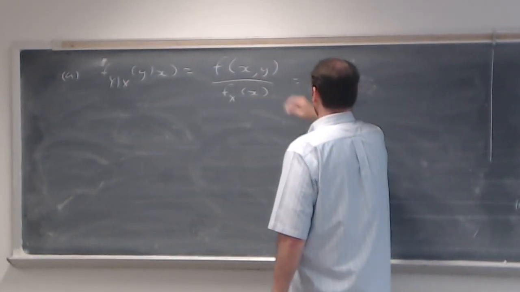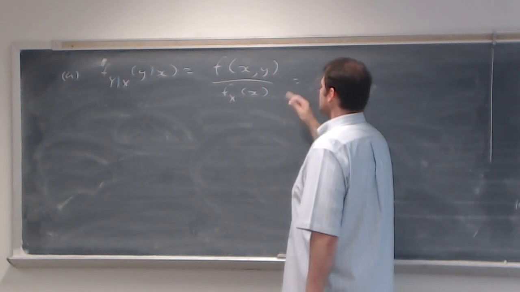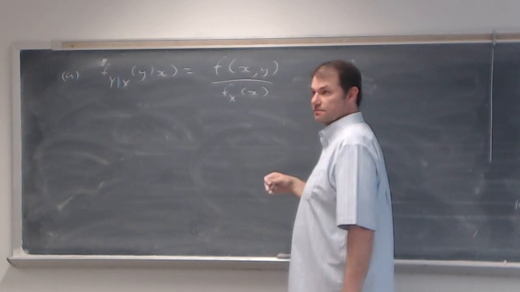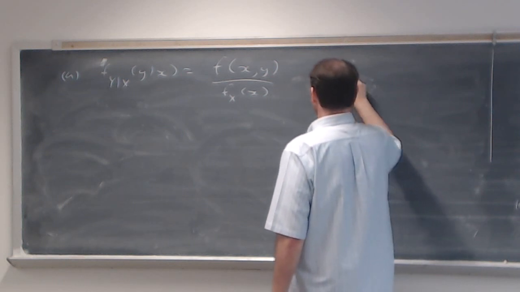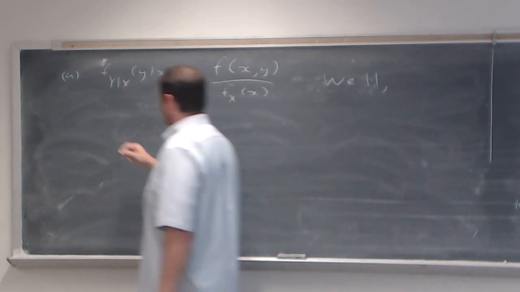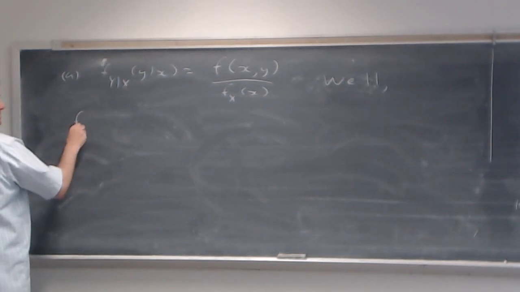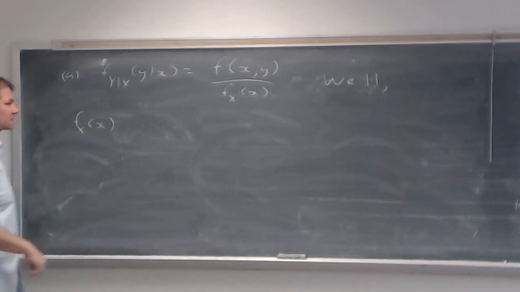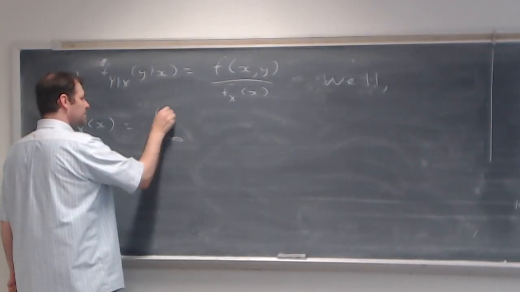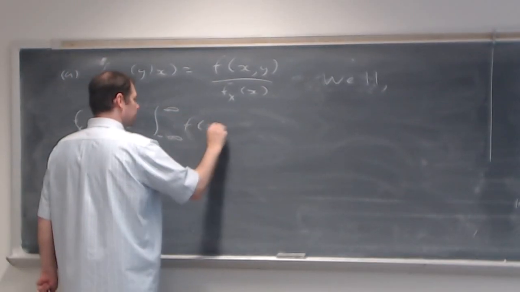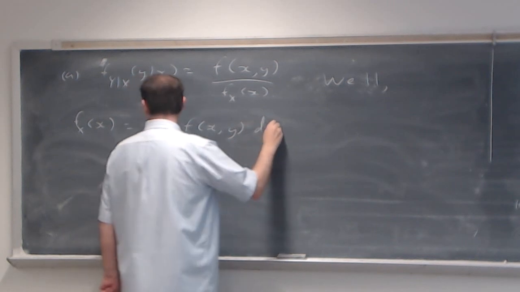I have the top part. Well, it's 0 a lot of places. So let me write it down this way. f sub x of x, what's it equal to? It's equal to the integral from minus infinity to infinity of the joint PDF dy.